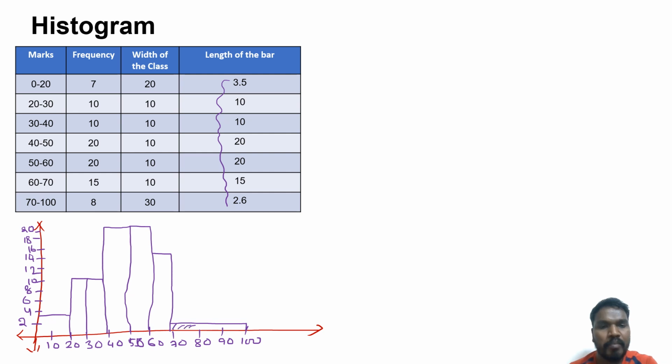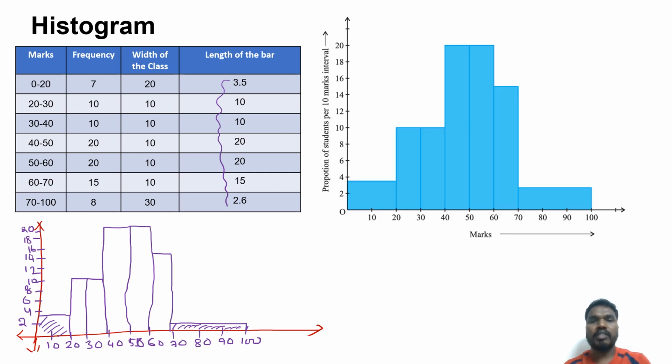Now if you check, the area should be proportional to the frequency. If you draw it on the graph sheet properly, the histogram looks like this. Now try to check. What is the breadth here? It is 20.